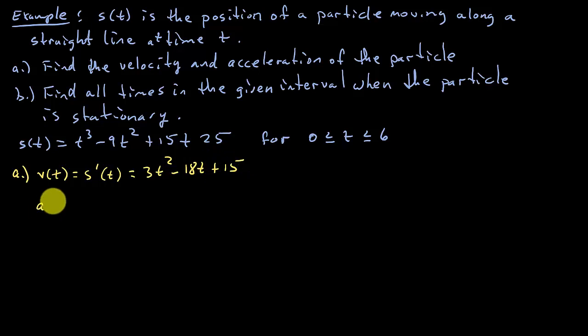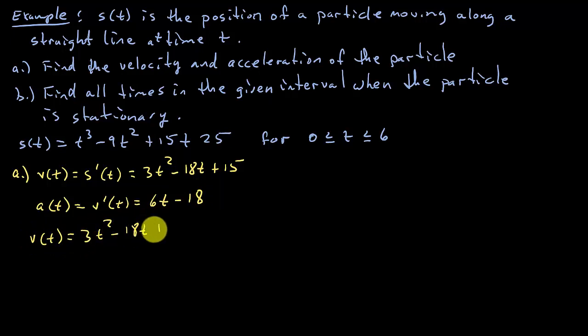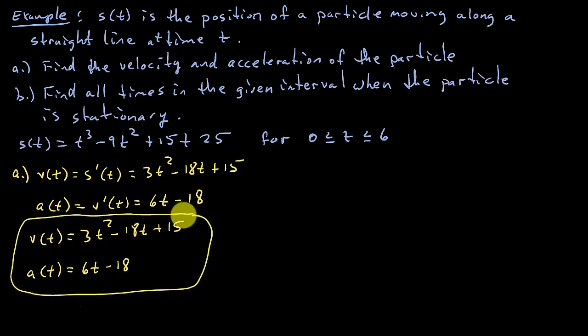And then they want us to find the acceleration, which is the derivative of the velocity. So that's going to be 6t minus 18. So I get the velocity is 3t squared minus 18t plus 15, and the acceleration is equal to 6t minus 18. And this is the answer they want for part A.